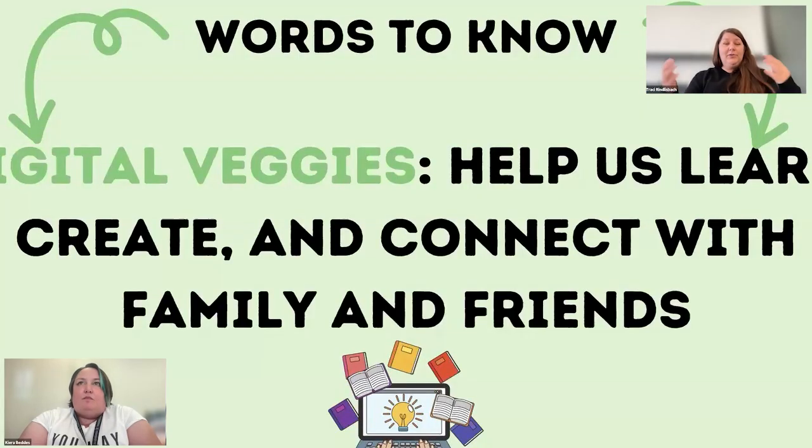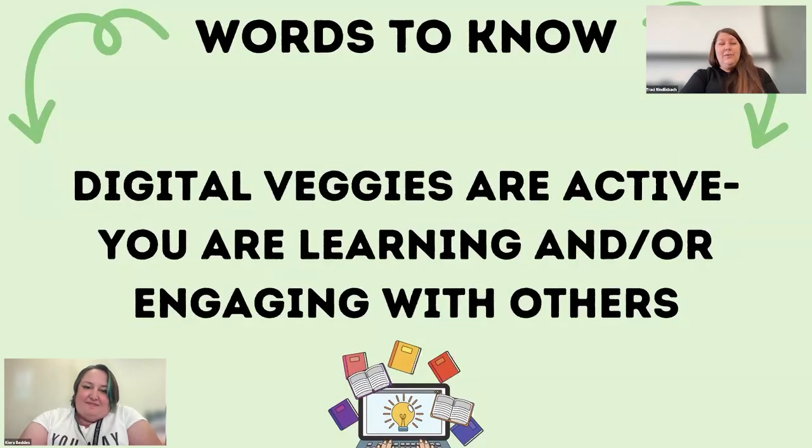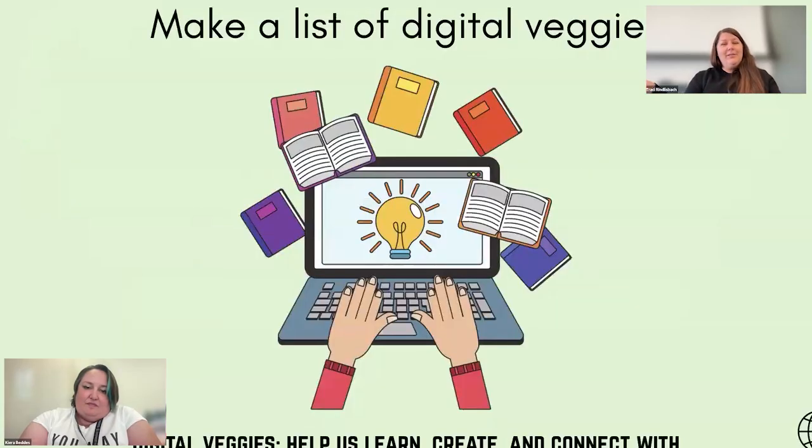So it'll give you words to know like digital veggies: help us learn, create, and connect with family and friends. It'll go through them. They're active. You're engaging with others. And then again, make a list of digital veggies. What are things that you can do online or with screens that will help us connect and create?